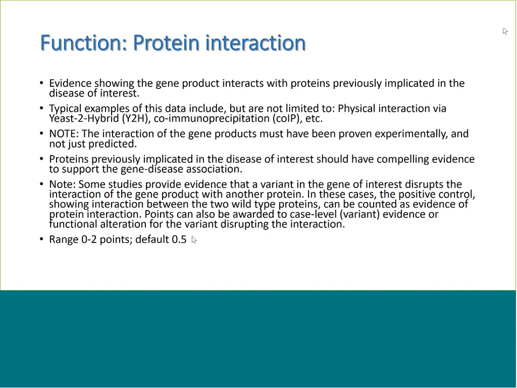As you may be aware, there are protein interaction databases out there, some of which also include predicted interactions. So we're really only interested in interactions that have been shown experimentally by these experimental methods. And any protein interaction that you're counting, that gene product should have compelling evidence to be associated with the disease of interest. Again, here your range of points is 0 to 2 and default is 0.5.